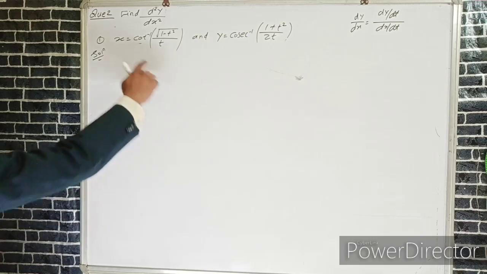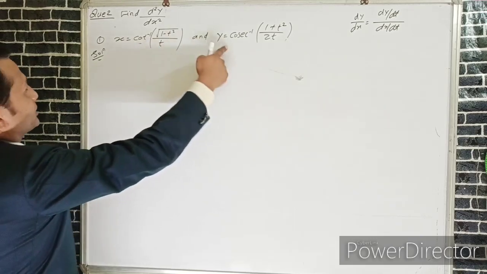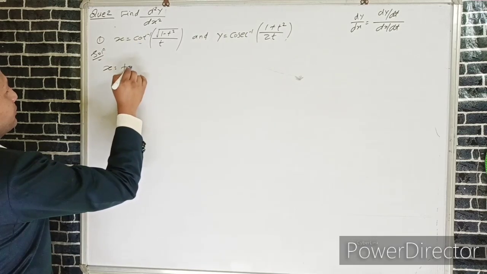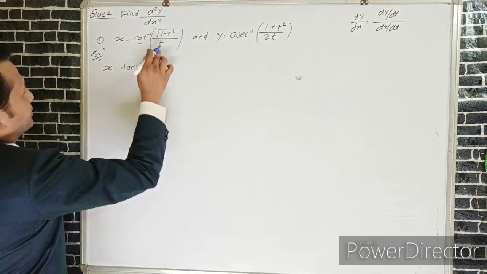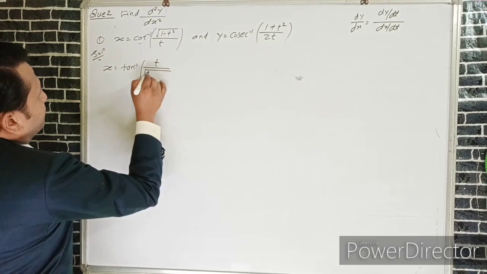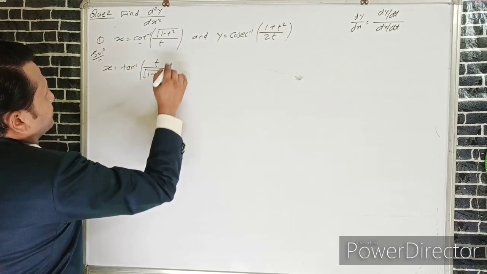Before that, we convert these two functions, which is we can write cot inverse in form of tan inverse, numerator and denominator exchange, t upon under root of 1 minus t square.